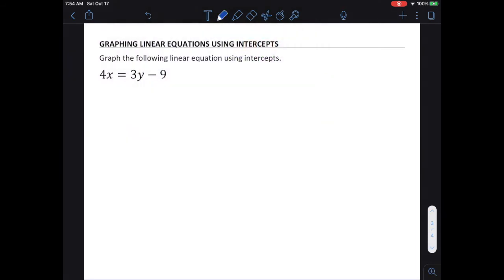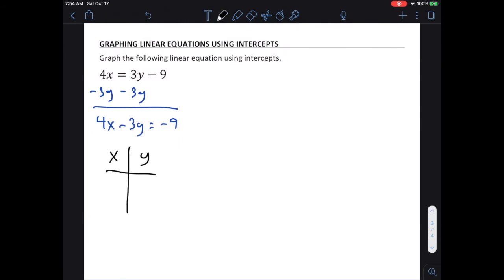So I'm going to subtract 3y from both sides. So I end up with 4x minus 3y equals negative 9. And to me, this is going to be a little bit easier when I create my table of x and y values. Remember, I just want 2 zeros in there, one for x, one for y.